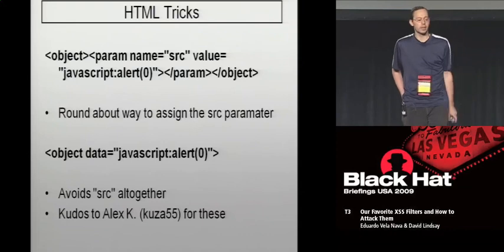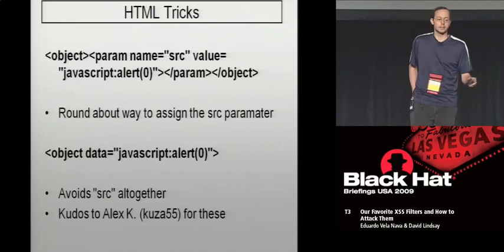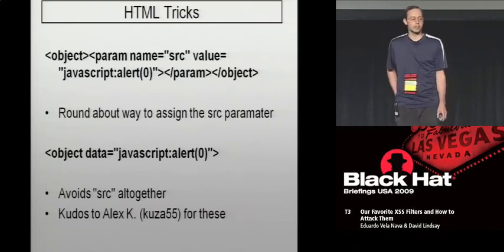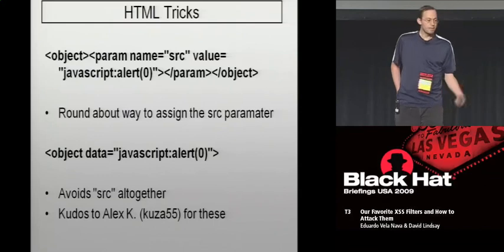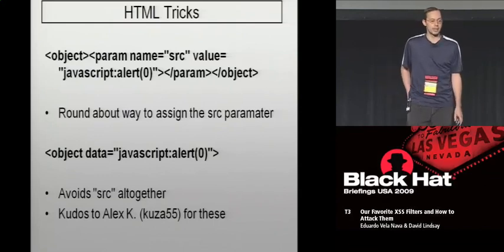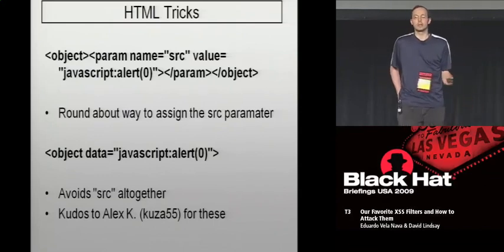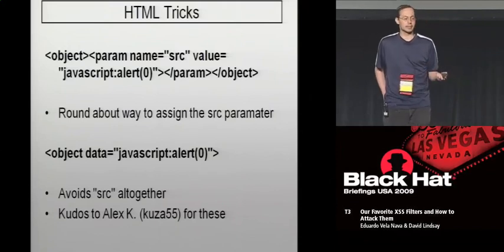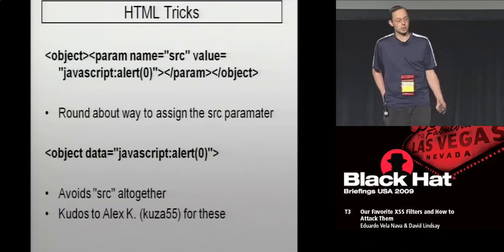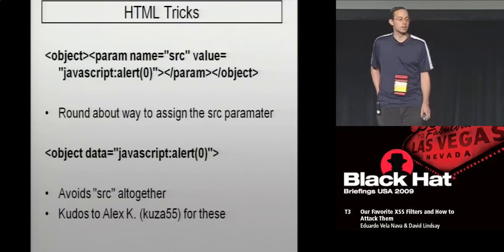I thought that was pretty interesting just because it's not a very common, well-known way of executing JavaScript. The second example there with the object data tag is another where you're avoiding the source tag, and a lot of filters aren't necessarily going to recognize the data tag as a source for JavaScript injection. So little things like that can often be useful.